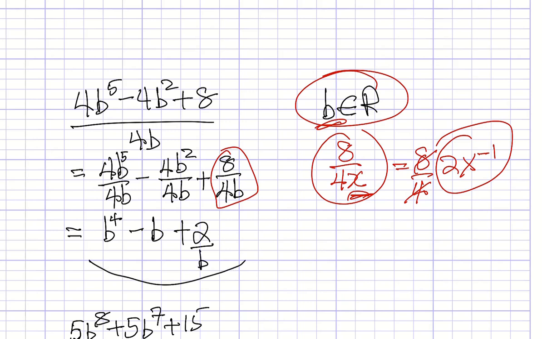So we'll leave it like that. So that's what they want there. You understand? If b is a variable, then something is wrong. It cannot be a polynomial. All right. Okay. So we'll go to the next.